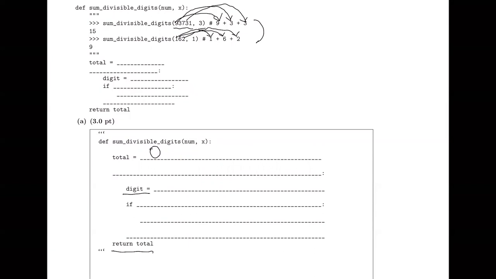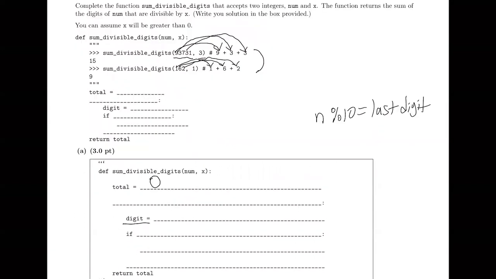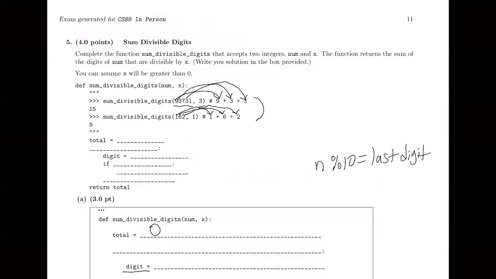A common thing we learned in this class was that to get the last digit of a number, we can just do that number. I'm going to assume n is a number, and by modding it by 10, we will get the last digit. You can see how this is relevant in this problem, because we're going through every single digit in num and checking if that's divisible by x.